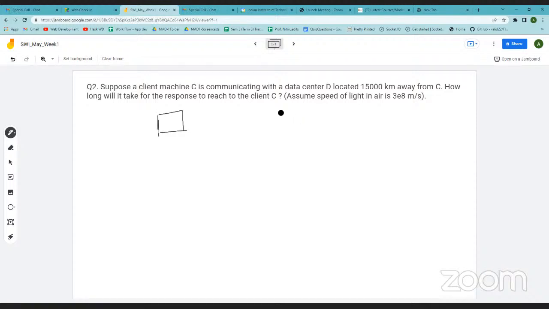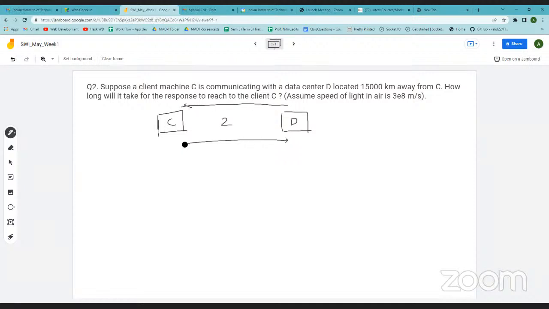There is a client and there is a data center. Okay, so we are talking about how long will it take for the response to reach to the client. Understood? I understand. Okay, the response is reaching from data center to client, but for the response to get generated, a request must have been sent, right? So therefore, we are talking it to be two-way communication. Two-way, right? Request and response cycle. Okay, what do we call this request and response cycle?